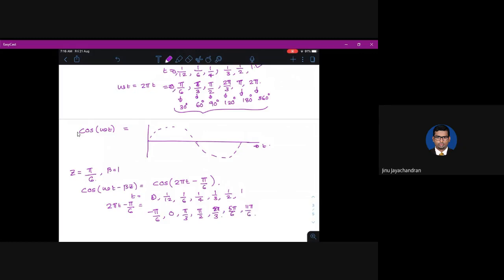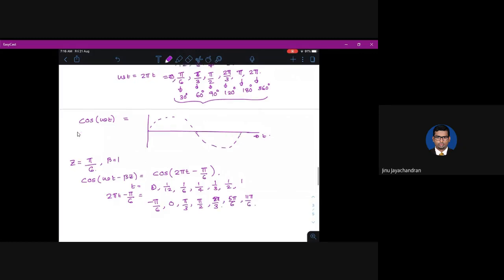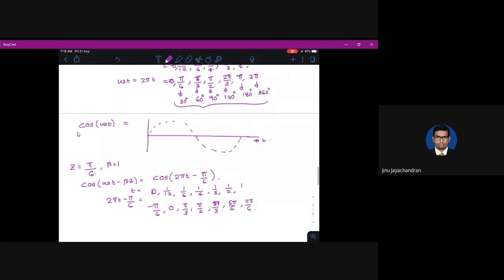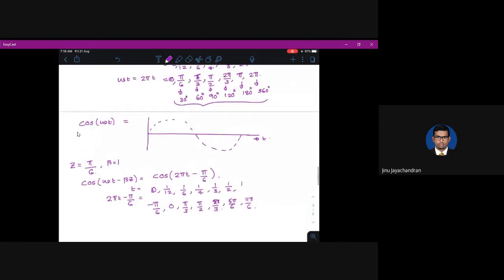Okay, these are of different degrees, but basically if you compare these two values, this value and this value, this is starting from minus 30 degree and going up to 330 degree.